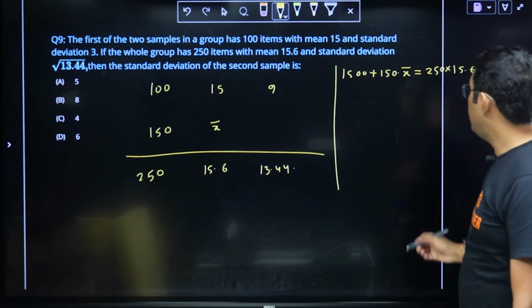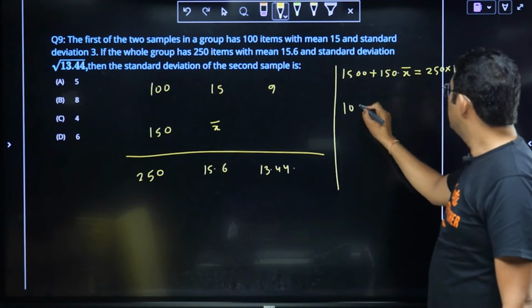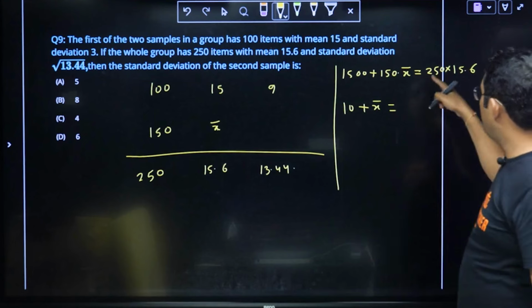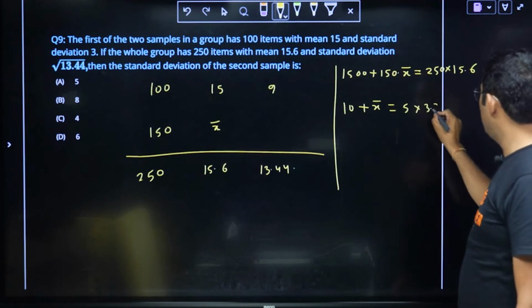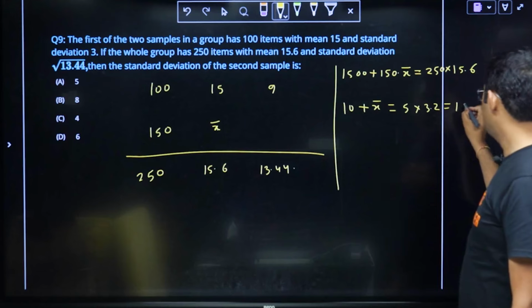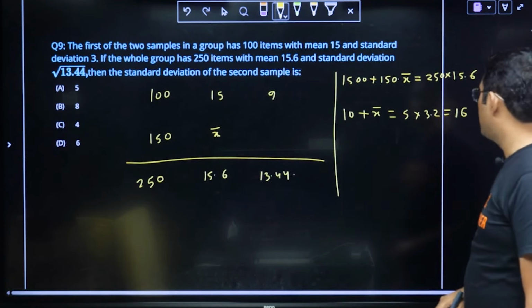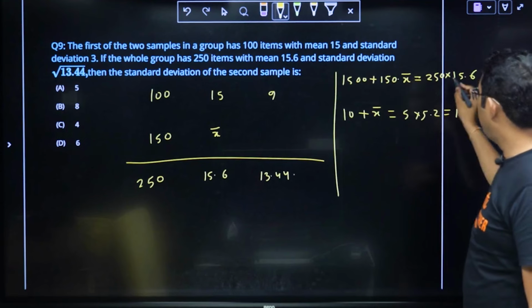I can divide by 150 both sides, so this will be 10 plus x bar, equal to 250 into 15.6 divided by 150.